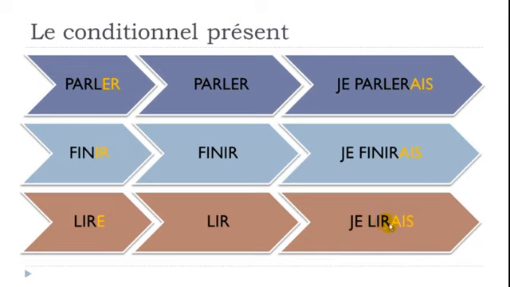Je lirai. All right, so the rule goes like, if you've got the final E then you take it away, you've got your form here, L-I-R, and then you add your ending, A-I-S, je lirai, okay?